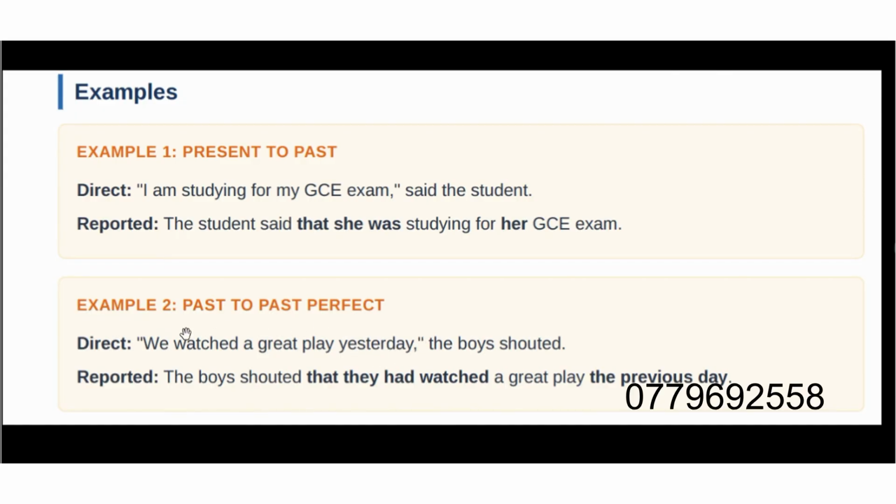Remember, the quotation marks, the commas, the speech marks are there. So now we're remaining with the boys shouted. So we watched a great play yesterday, the boys shouted. All these are exact words in what?